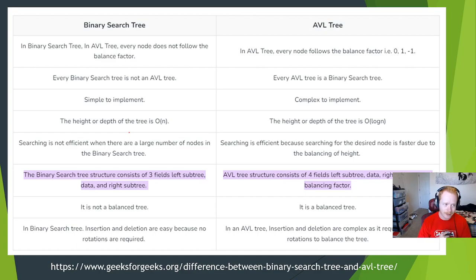I stole this from Geeks for Geeks, but it's kind of a breakdown between the 2 trees. If you want the TLDR of this, an AVL tree is more complex, but performs better.